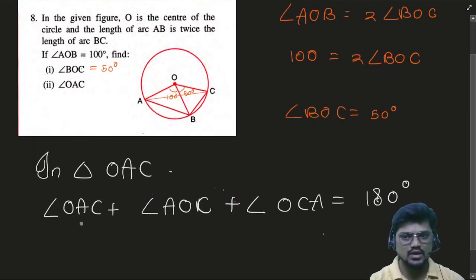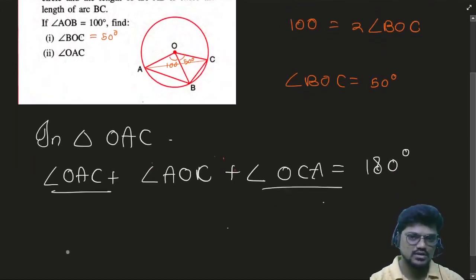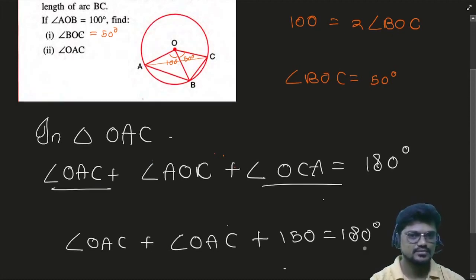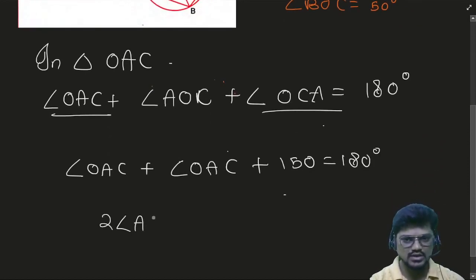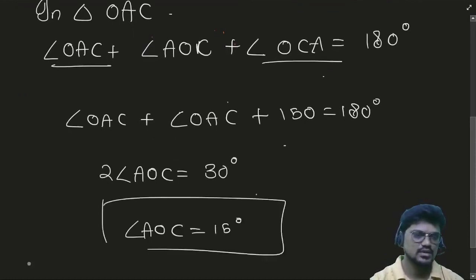But we know that angle OAC and angle OCA are equal, so you can take one of them as angle OAC: angle OAC plus angle OAC plus AOC, which is 150, equals 180. So twice angle OAC will be equal to 30 degrees, and then angle OAC will be 15 degrees. Clear?